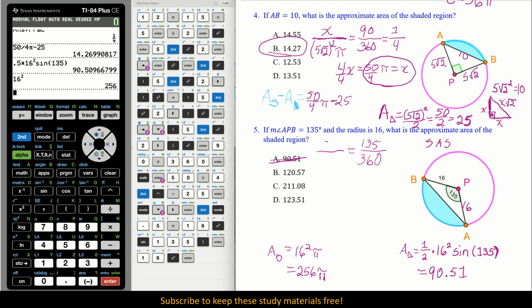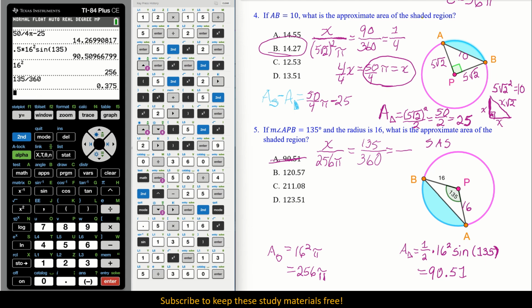And I don't know the area of the region, but now I know the area of the whole circle, which is 256 pi. Okay. Well, that's nice, right? So let's simplify our left side. 135 divided by the 360.